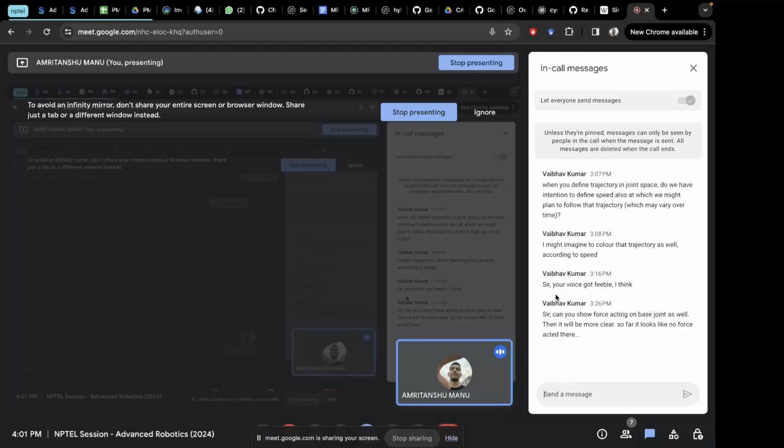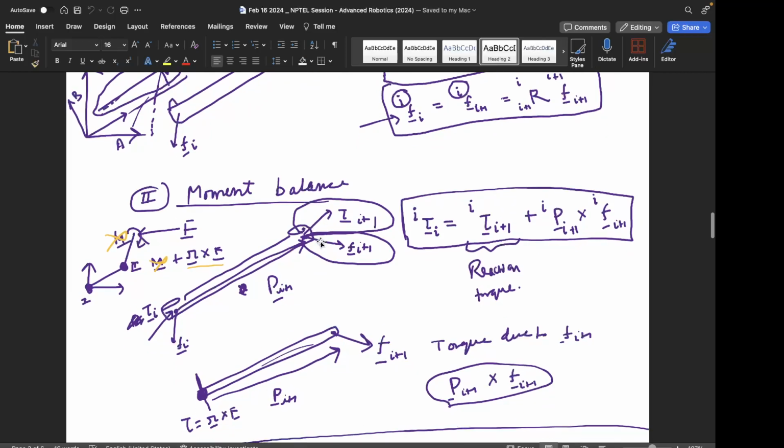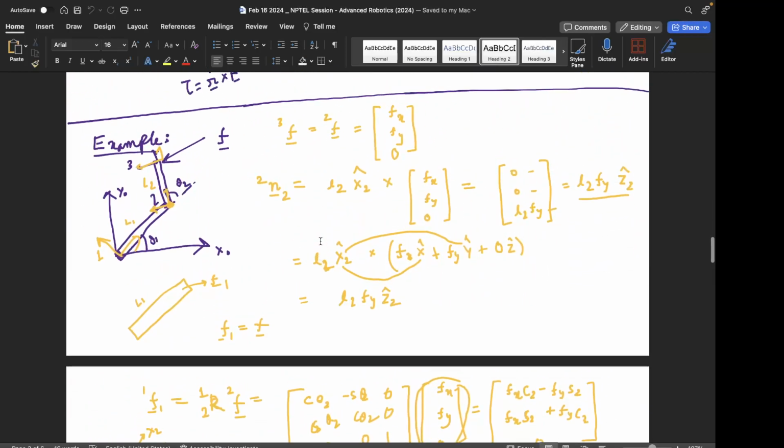And yeah, okay, so you're talking about the force. There will be a force at that joint also, and that will be again the equal and opposite of the force acting at joint 2, right? So if you would see here in this example, force is acting on this end effector.